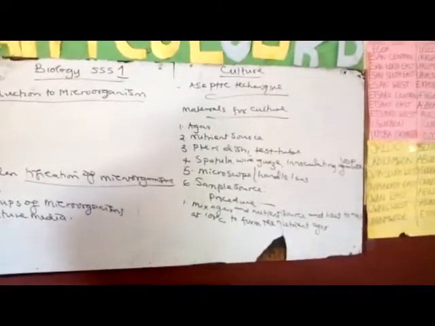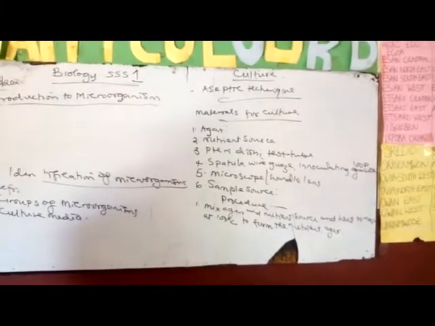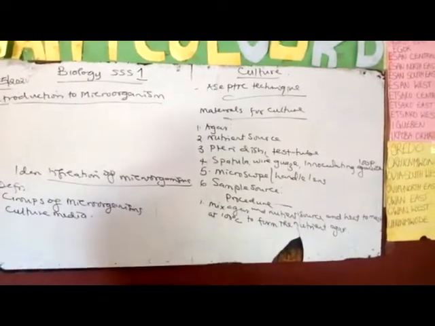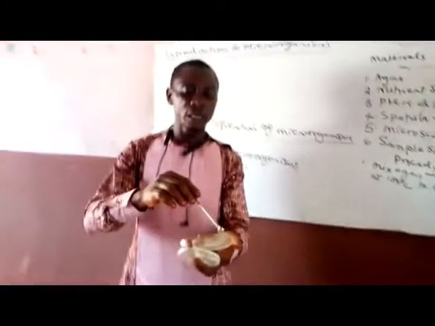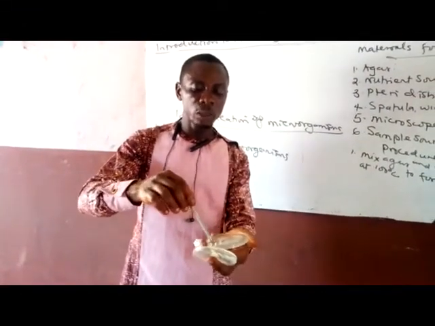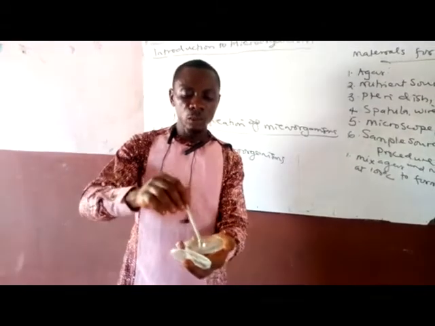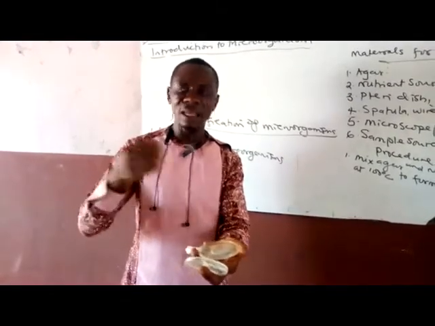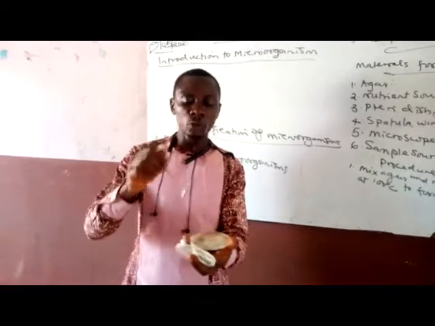When you collect your sample, you make a streak on the nutrient agar. You can make a streak this way, or this way, or you can make it two lines or three lines, as the case may be, on the nutrient agar.